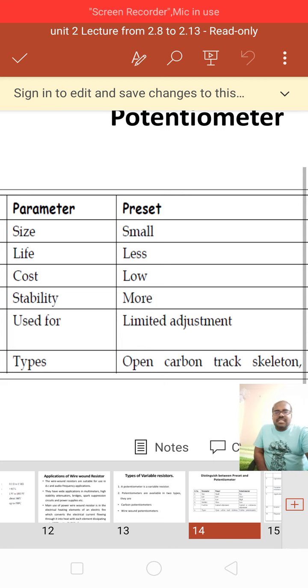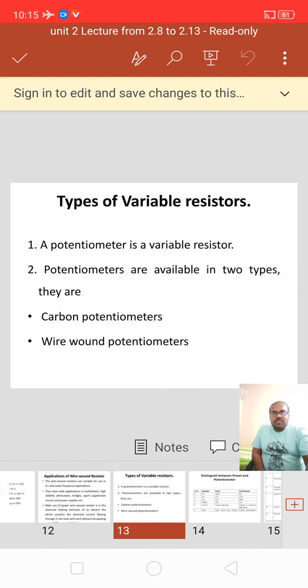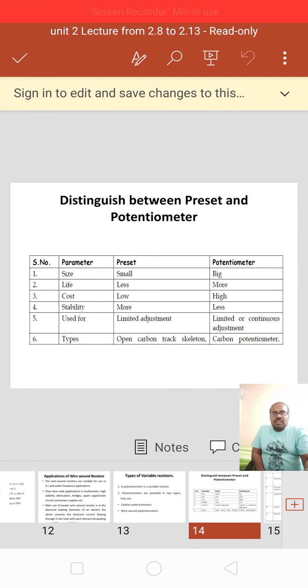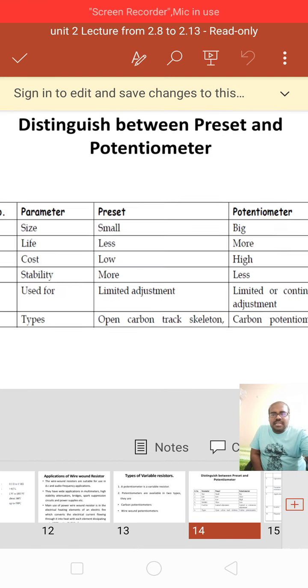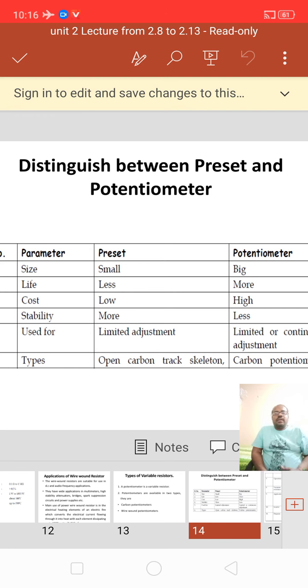By seeing this, we can decide that the size of the preset is very small, whereas the potentiometer is big. First and foremost difference between preset and potentiometer is size. It is very small, it is big.